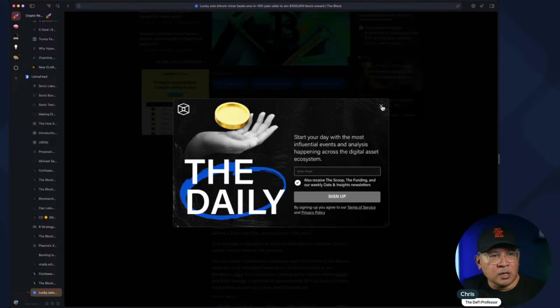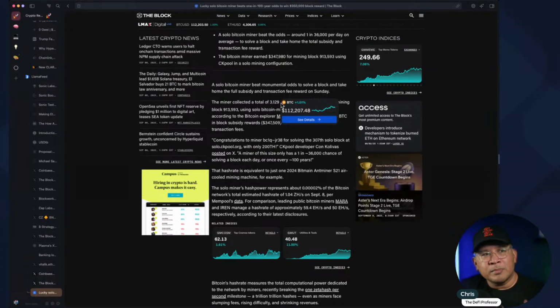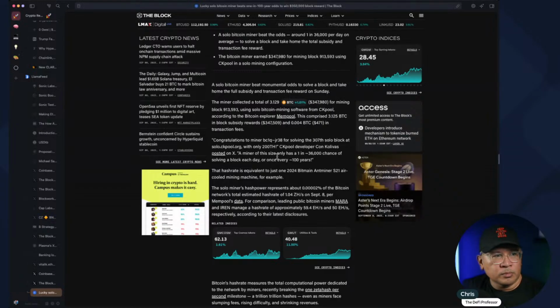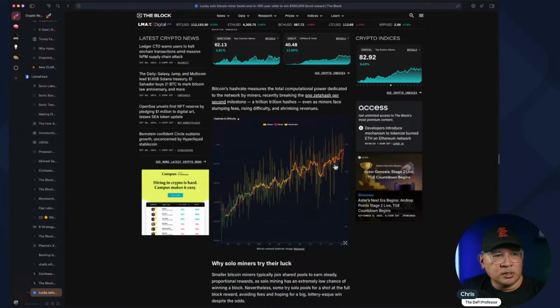We've talked about this a couple times. People are like, you shouldn't solo mine. This is the third time in 3 months that someone has done the equivalent of winning the lottery, which is literally mining and being rewarded for a blockchain pool, with only 200 TH with regards to their hash rate. Or once every 100 years. It's better than that, guys. It's the third in 3 months.